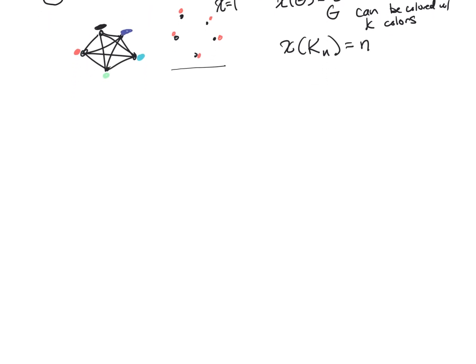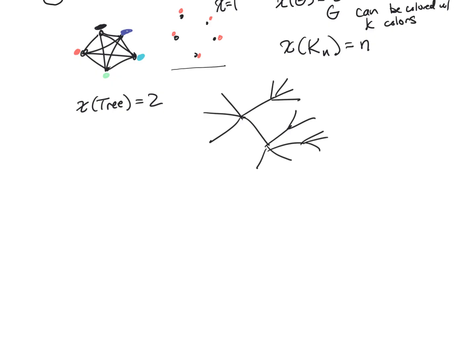It's not so hard to convince yourself that if you have any tree, chi is 2. No matter how complicated your tree is going to be, you can always get away with only using 2 colors, red and blue. Okay, so why can you do this?